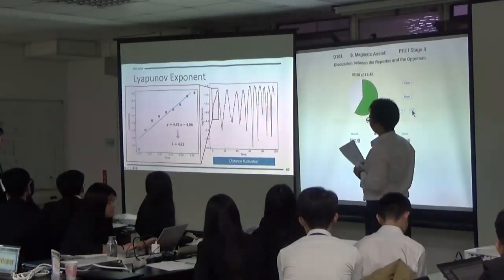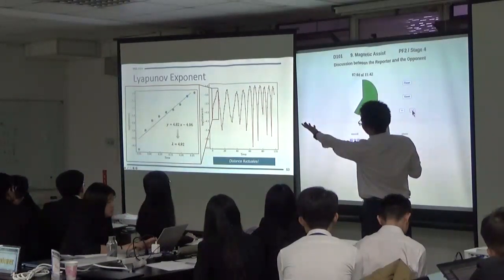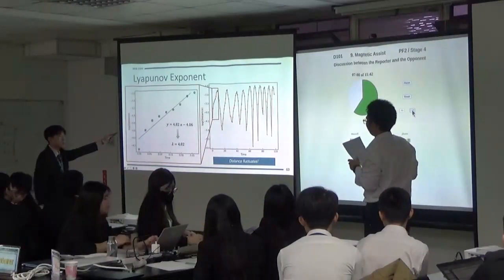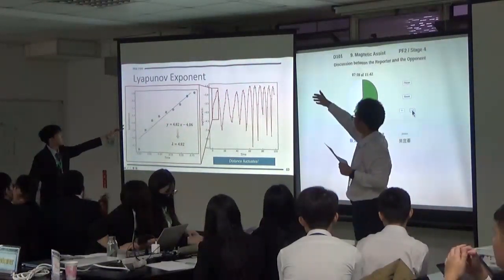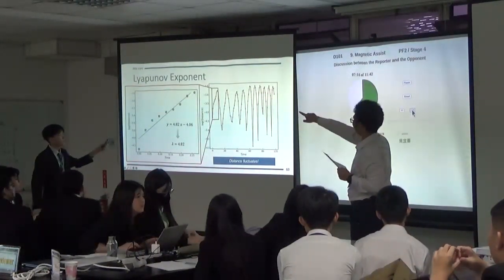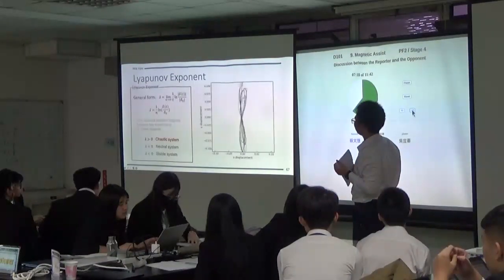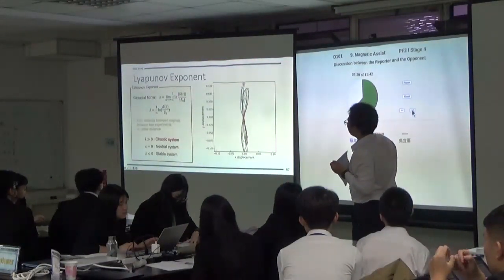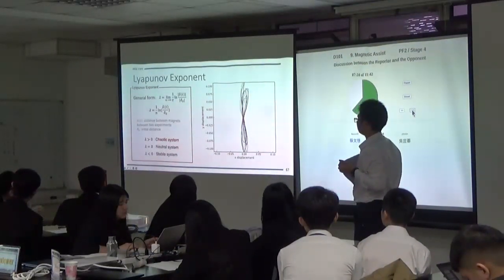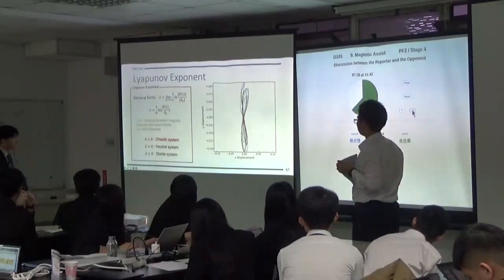Okay. And can you explain the type? What is the type? You mean this one? Okay, so as I mentioned, I use this to calculate whether this may be chaotic or not.